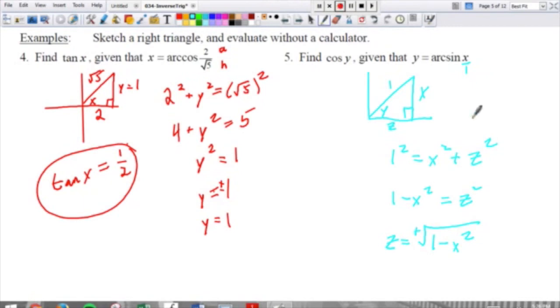What's important is that we're proving that cosine of y, adjacent over hypotenuse, would be root 1 minus x squared over 1. I could simplify that, obviously. Root 1 minus x squared, like that. Ta-da!